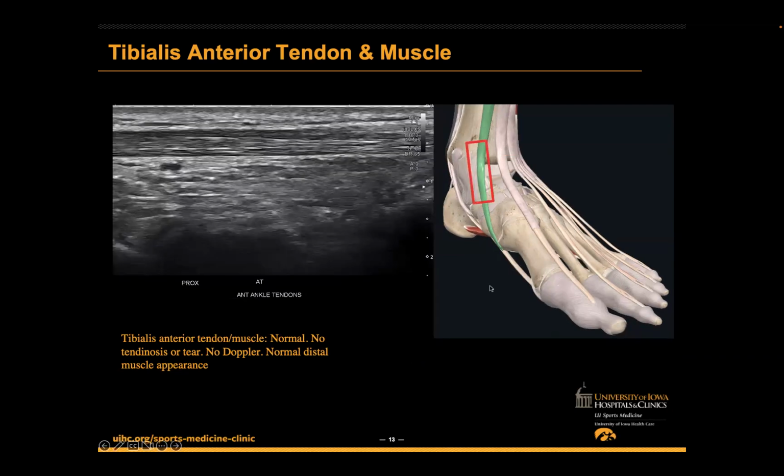And then rotating into a long axis view of the tendon, we see across here, again, normal appearing tendon, hyperechoic fibrillar echotexture, and the soft tissue below, and you can see the outline of the ankle joint down there. Again, in this view, there was no Doppler, and scanning into the muscle belly, things appeared normal.